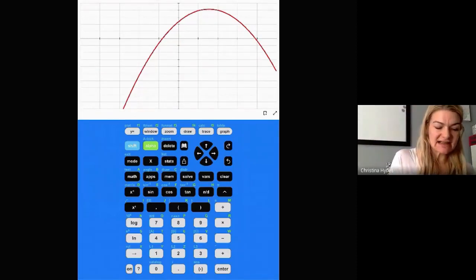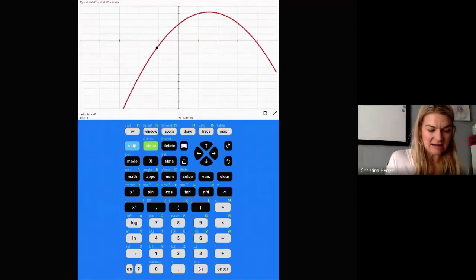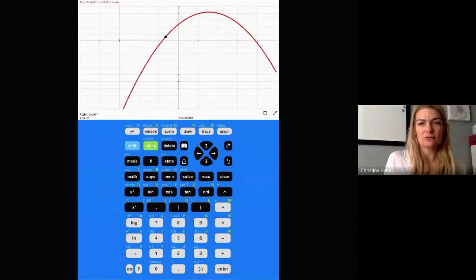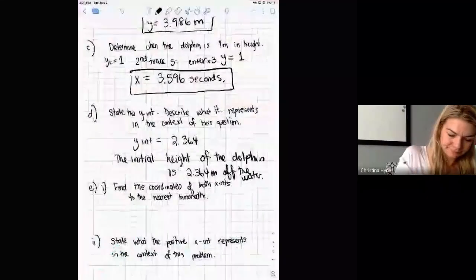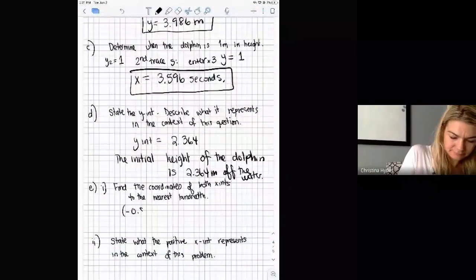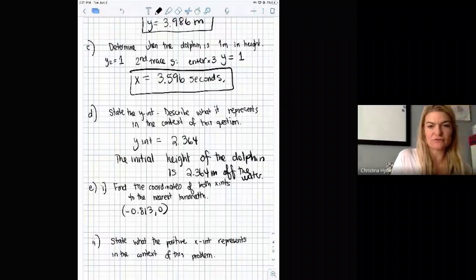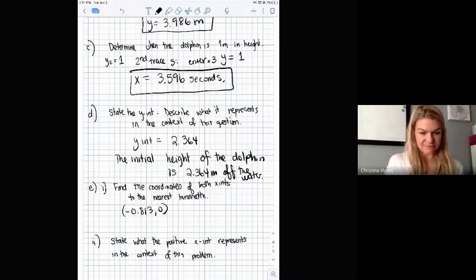Go second trace, number 2, go to the left side of that first x-intercept, press enter, right bound, right side of the x-intercept, enter, and you should get -0.813, comma 0. So don't forget to write it as coordinates for that question.